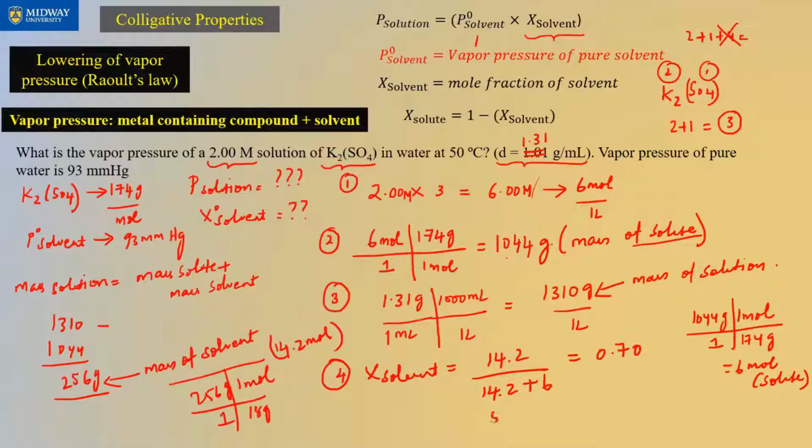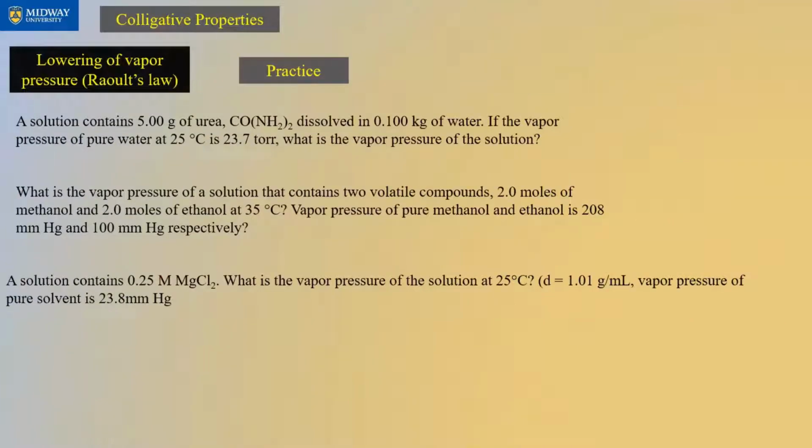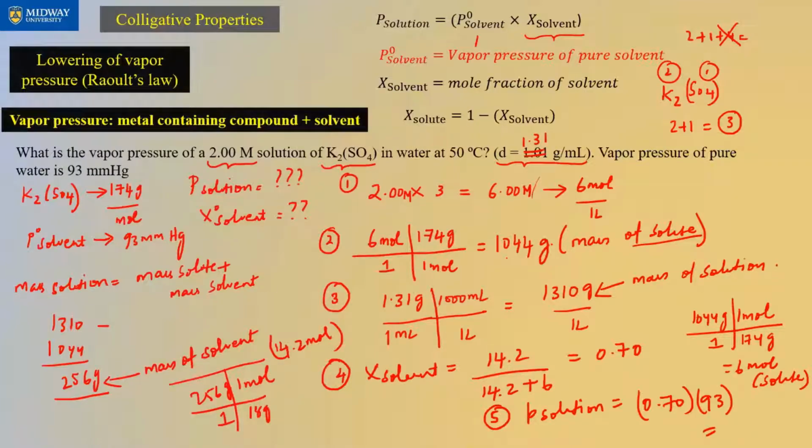And the fifth step is actually solving the problem: vapor pressure of solution equals 0.70 times the vapor pressure of pure solvent, which is 93. That'll be 65.1.